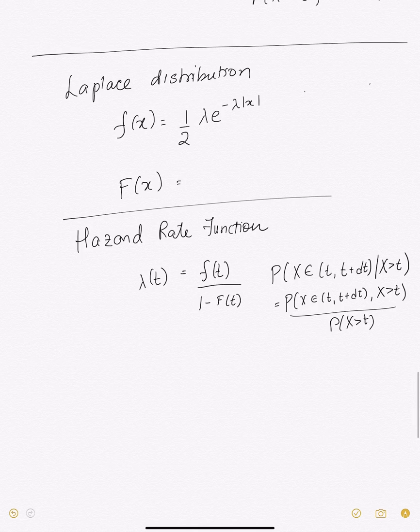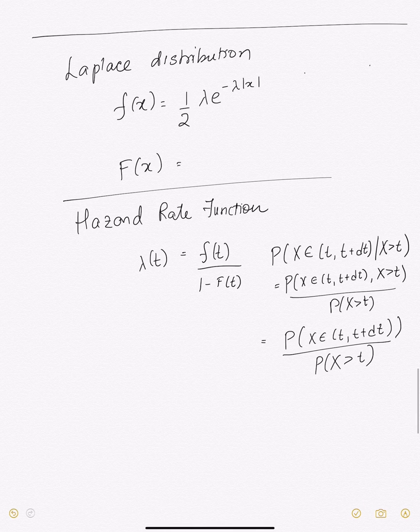If you take a look, the numerator, you'll get probability that x is in t to t plus dt, divided by the probability that x is bigger than t. Okay. All right. And so what do you have?